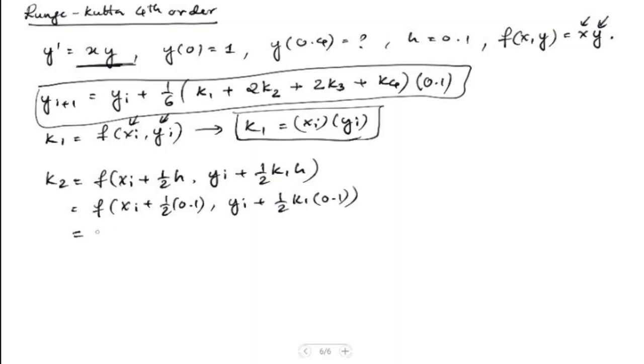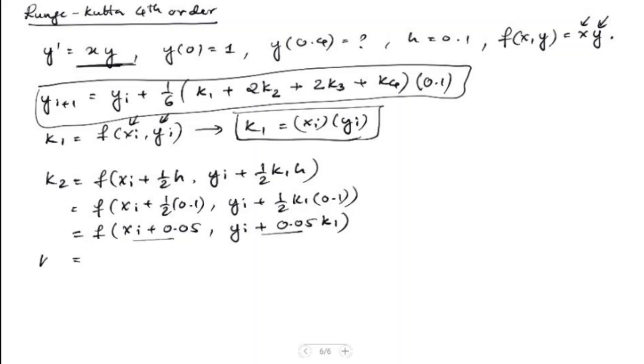And then that will look like this. We'll have xi plus 1/2 times 0.1, which is 0.05, and comma, we'll have yi plus 1/2 times 0.1, which is again 0.05, times k1 here. So those are the values of x and y for us.